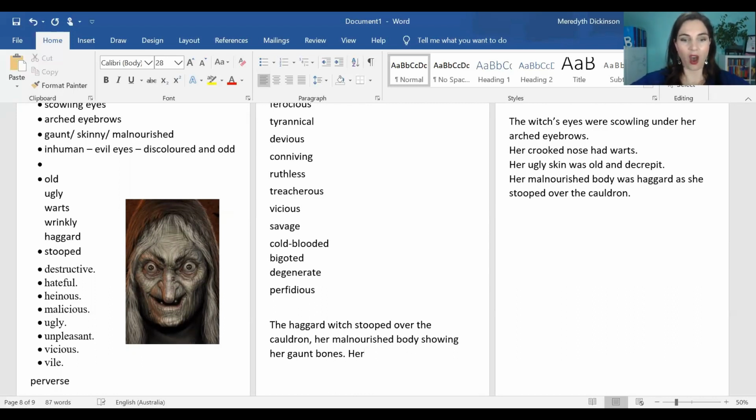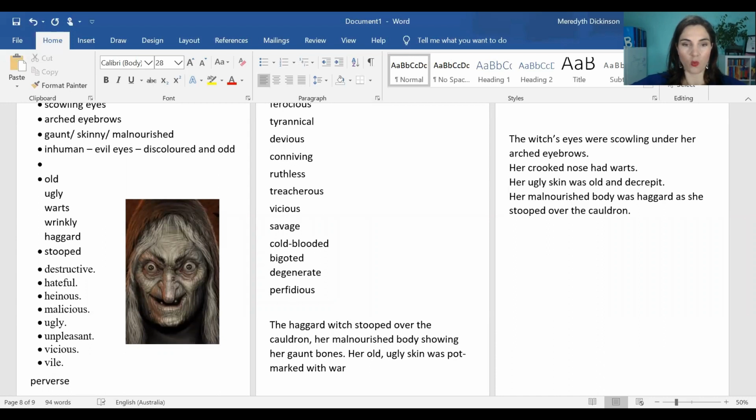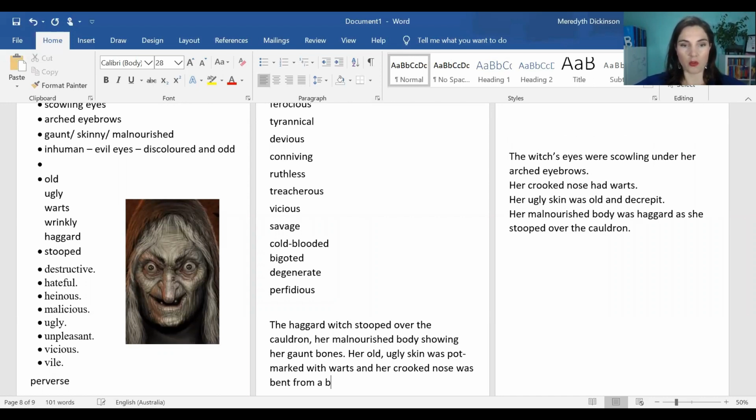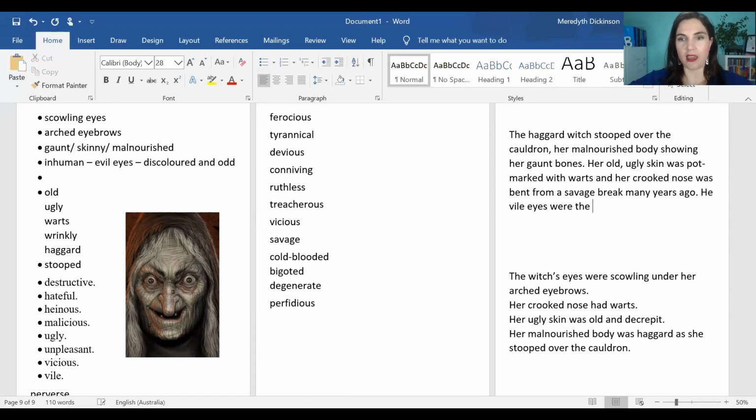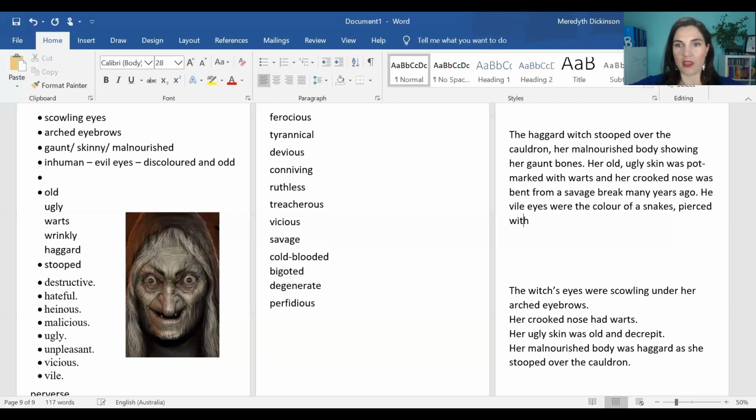Her old, ugly skin was marked with warts, and her crooked nose was bent from a break many years ago, from a savage break many years ago. Her vile eyes were the colour of a snake. Pierced with a red lava center.